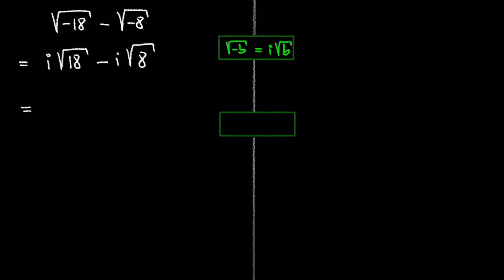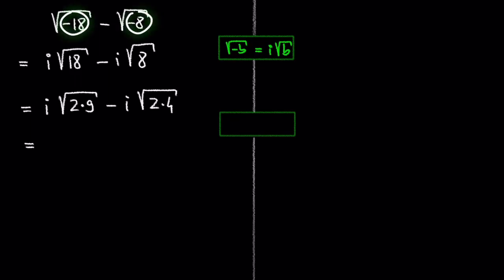Now we can write the 18 as 2 times 9 and the 8 as 2 times 4. We couldn't split the square roots of negative 18 and negative 8, but now we have 2 times 9 and 2 times 4, which are positive numbers.